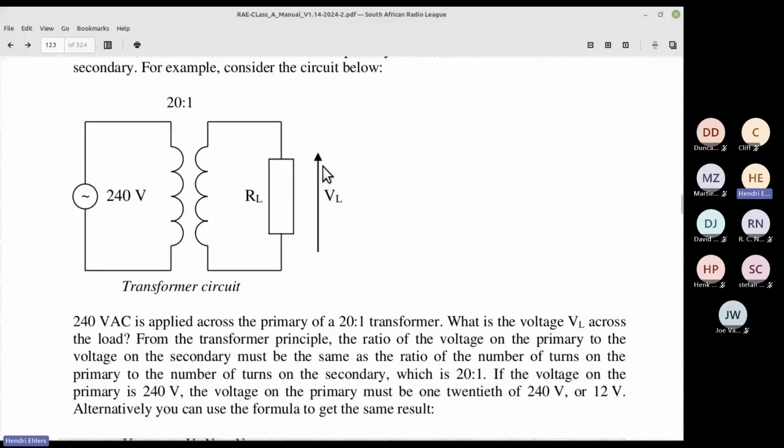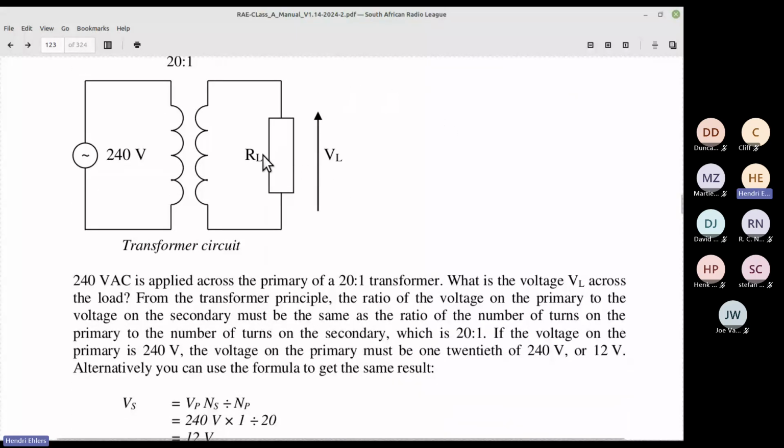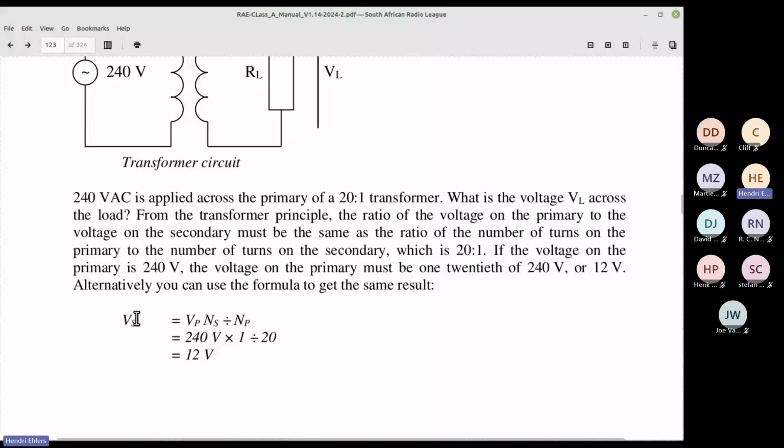So we can then calculate the voltage of the secondary side, because we know we have 240 volt on the primary side, and it's a 20-to-1 transformer, and we'll use this formula, and that says voltage on the secondary side equals the voltage on the primary side times the ratio on the secondary side divided by the ratio on the primary side.